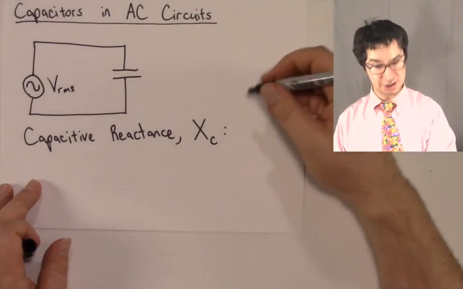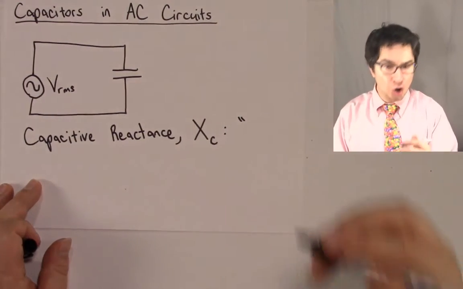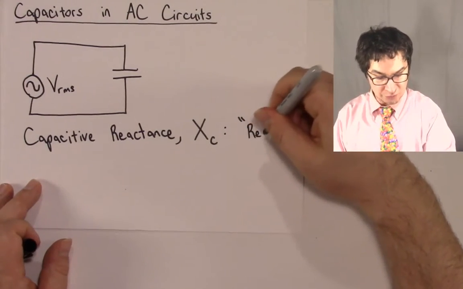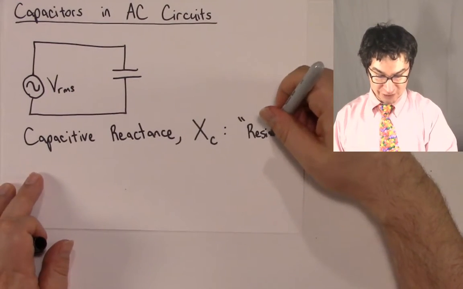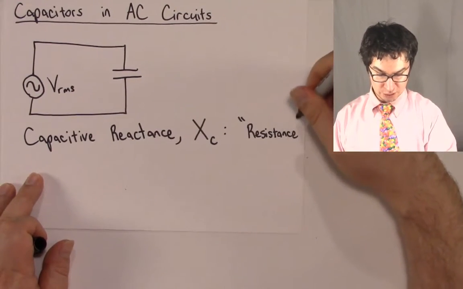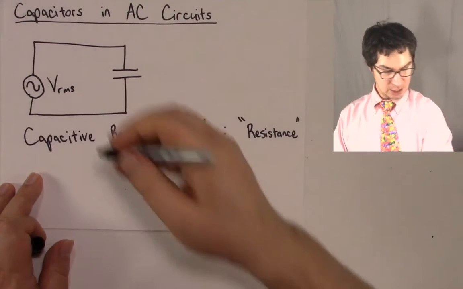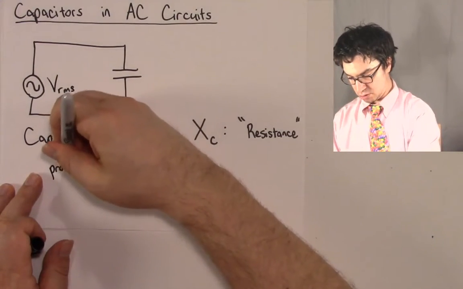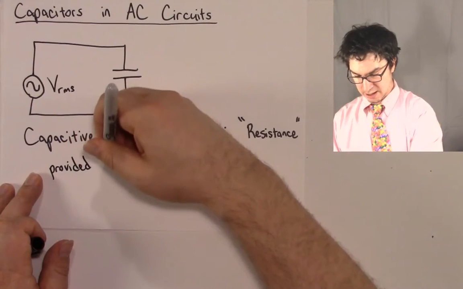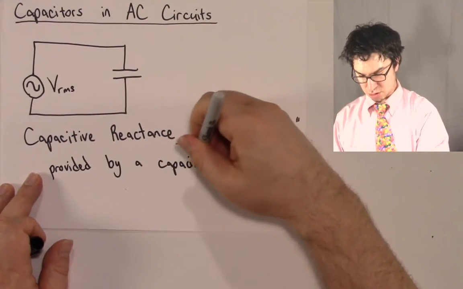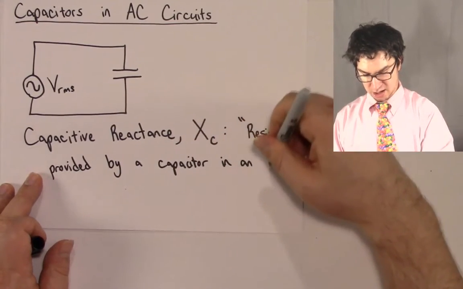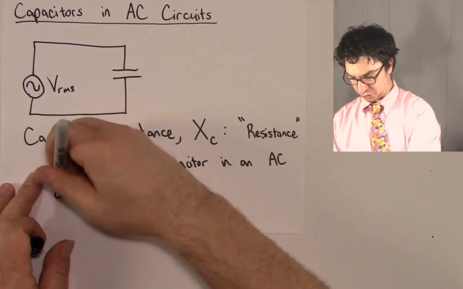It is a "resistance," even though we can't call it a resistance, because the word resistance is reserved for resistors. It's a resistance provided by a capacitor in an AC circuit.